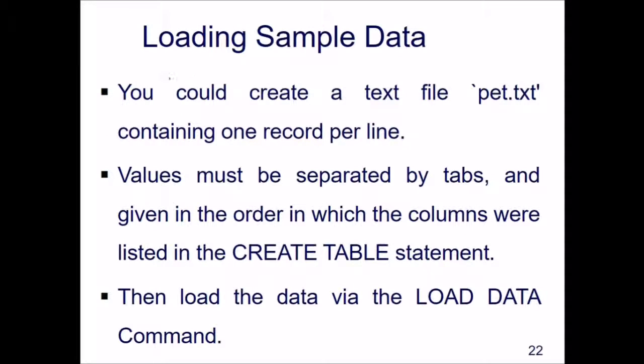Now, loading sample data, you could create a text file called pet.txt containing one record per line. You don't have to enter each and every insert into values. You can make a text file, and the values must be separated by tabs and given in the order in which the columns were listed in the create table statement.